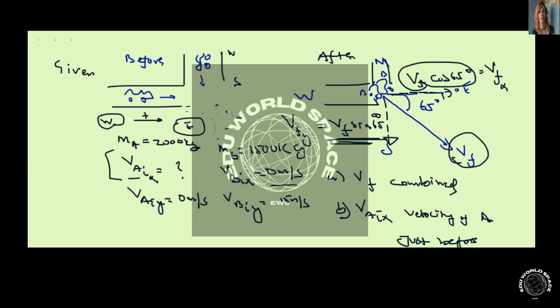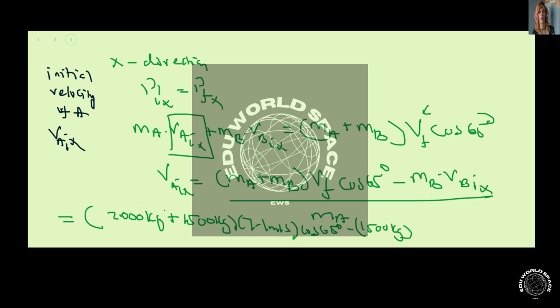But remember, the initial velocity of B in the x direction happens to be 0. So that just means that we're not going to have any momentum in that instance. We divide all of that by the mass of A, which happens to be 2,000 kilograms.